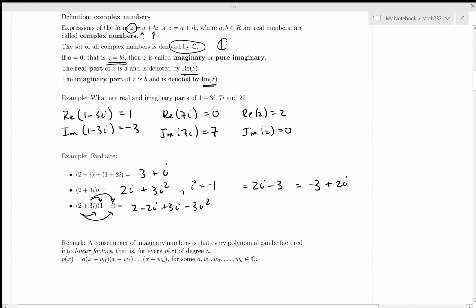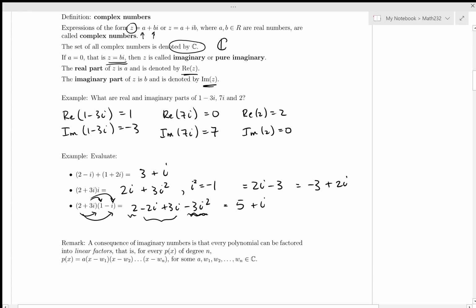Okay, so then we want to put all these parts together, and we recognize again that we have the i squared here, and i squared is minus 1. So this last term is basically plus 3. So I take the plus 3 from this guy here, I add it to the 2 from here, and I get 5. And then I combine these two imaginary pieces here, and I get i. That is the result there.